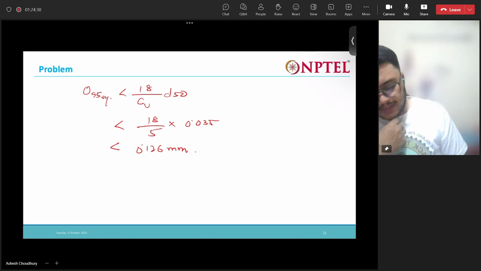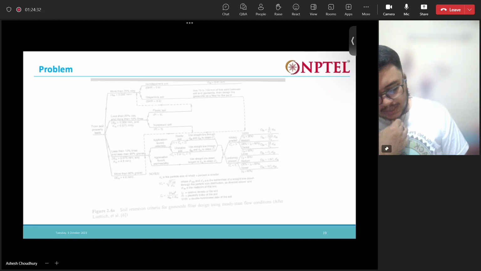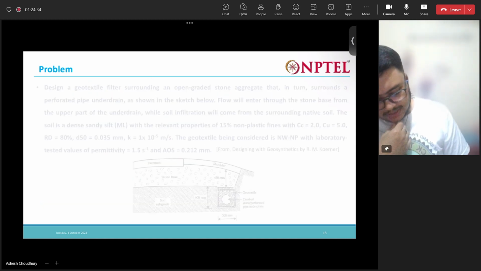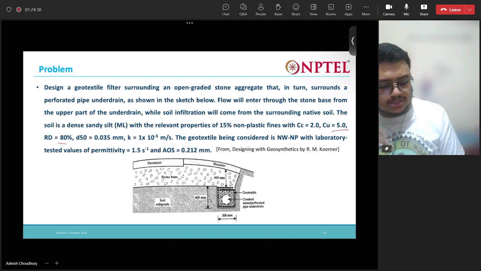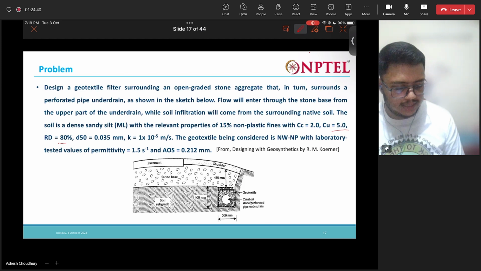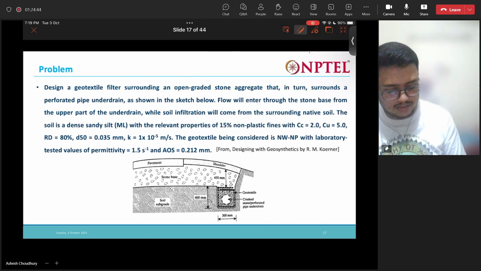But you can see the candidate geotextile that is given here has an opening size of 0.212 mm. So this does not satisfy the criteria.